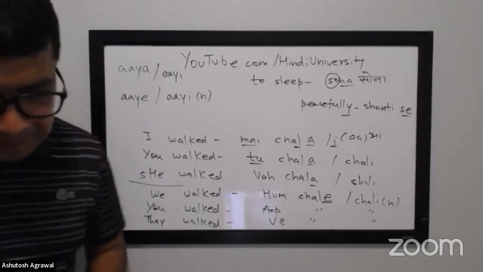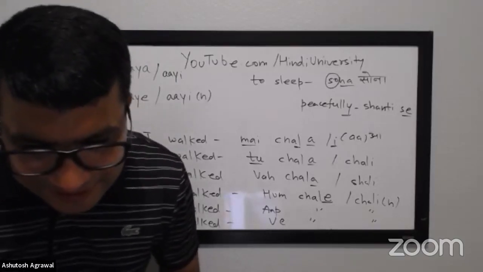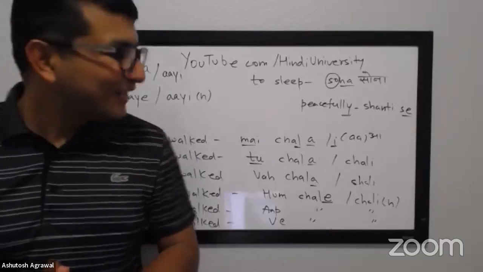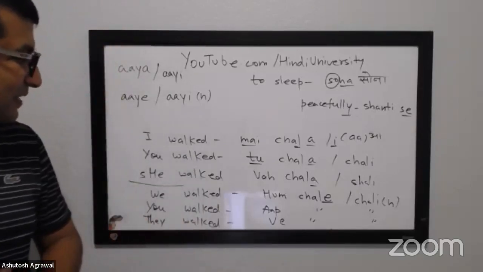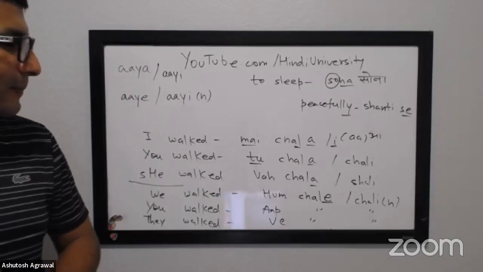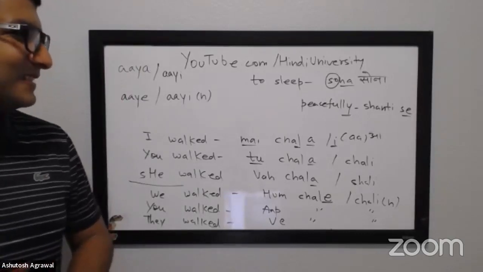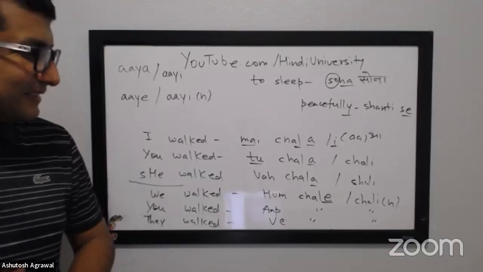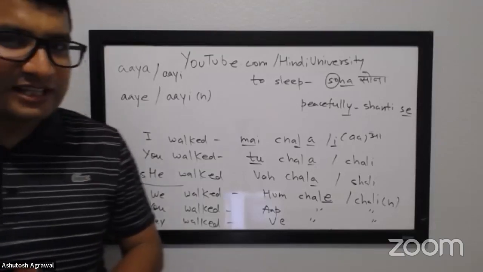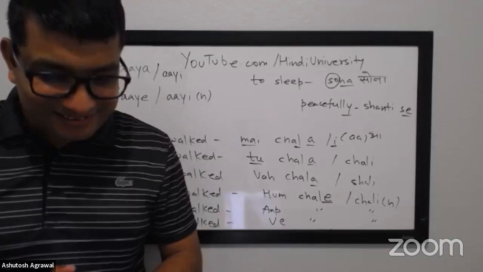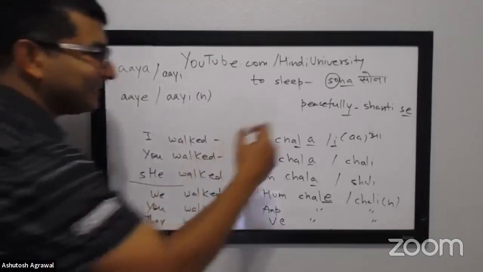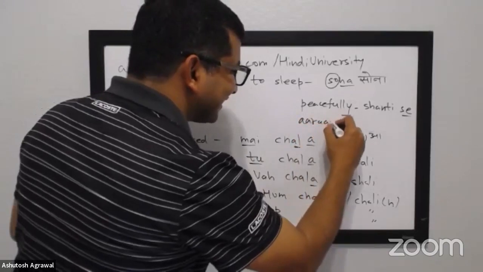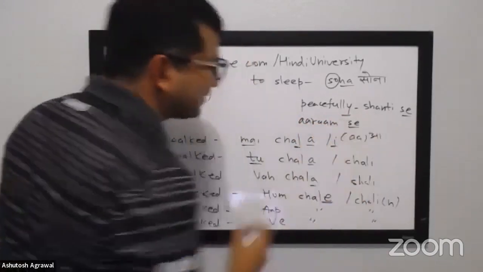Let's see. Radhika ji, how are you doing? I'm fine. How would you say we? Same thing with we. Peacefully? हम शांति से सोए. You want to use another adverb? हम आराम से सोए. आराम से, right?